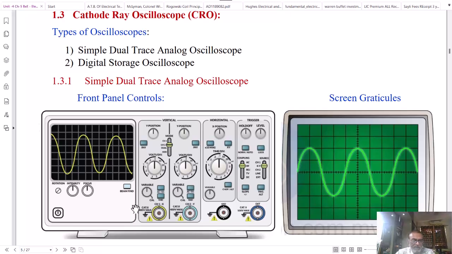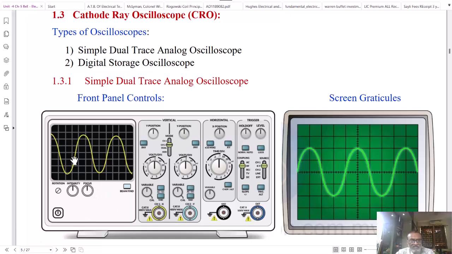If you see the display section, there are three additional functions available. One is intensity, another is focus, and a trace rotation. The intensity knob provides the facility to change the intensity of the waveform displayed.